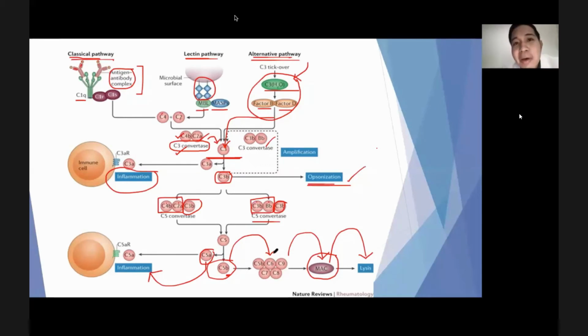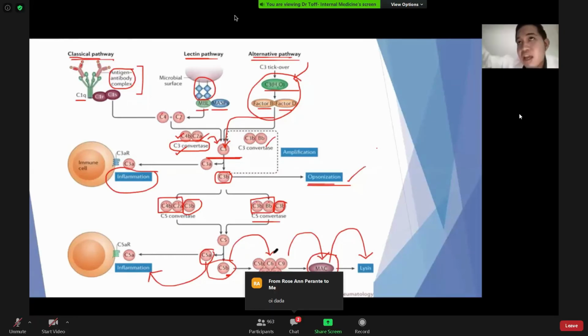So as you can see here, iba-iba man ng pathway, may classical that would start with the formation of antigen-antibody complex, may lectin ka that would start from the detection of the mannose-binding lectin of polysaccharide units in the microbial surface, may alternative pathway ka that would start from the hydrolysis of C3, tatlo man niyang iba-iba, isa lang ang pupuntahan, and that is the formation of your membrane attack complex that will yield to the lysis of bacteria. O, diba?